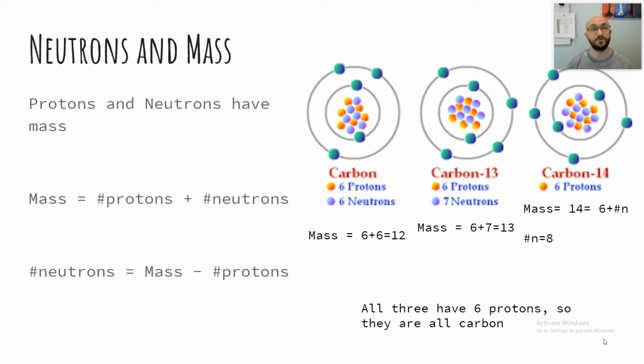So if you got 6 protons, 6 neutrons, mass of 12. 6 protons, 7 neutrons, mass of 13. If you have a mass of 14 and 6 protons, okay, I can find the number of neutrons by subtracting those. Mass of 14 minus 6 protons is going to give me 8 neutrons.